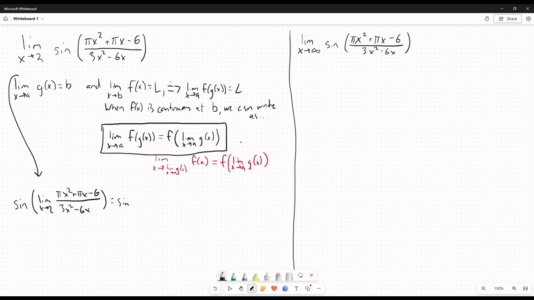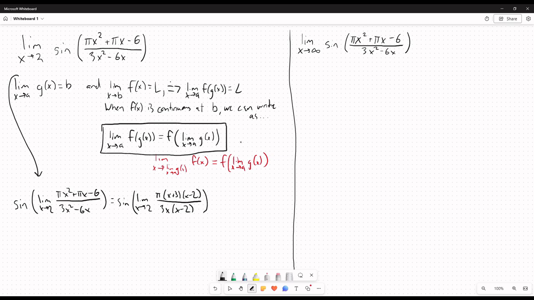So we'll have sine of, let's do some factoring. I will do some quick factoring because I know how this factors. That's going to be pi times (x plus 3) times (x minus 2) in the numerator over 3x times (x minus 2) in the denominator.